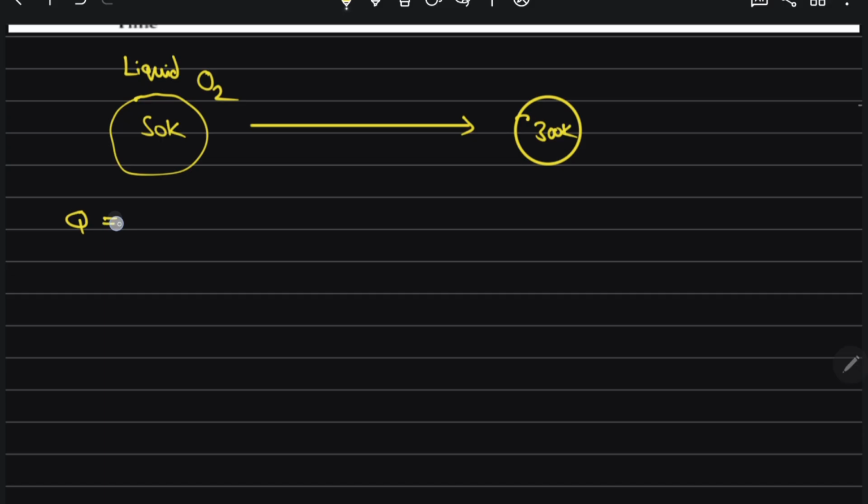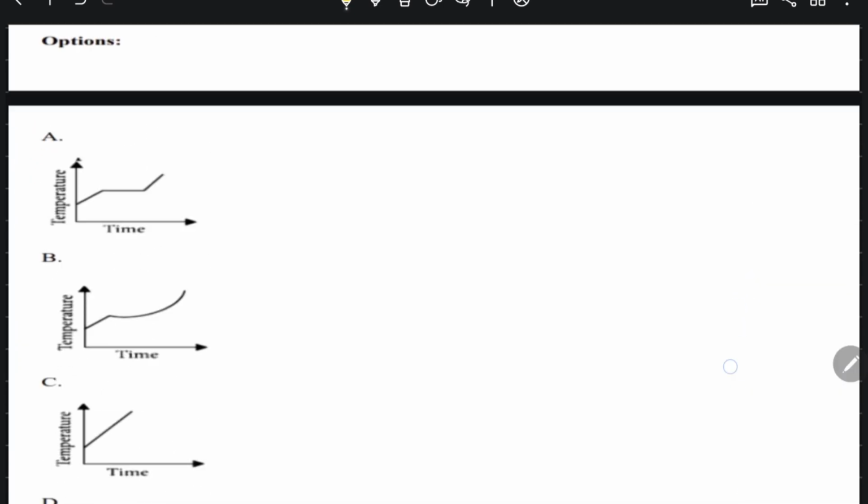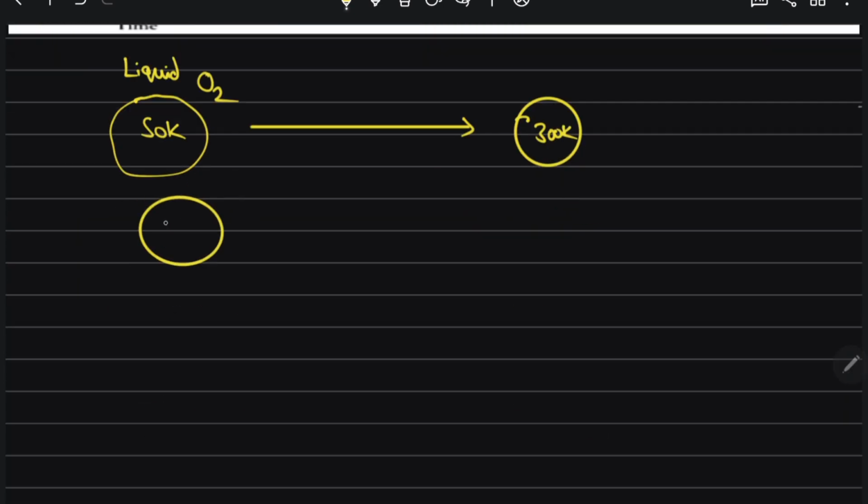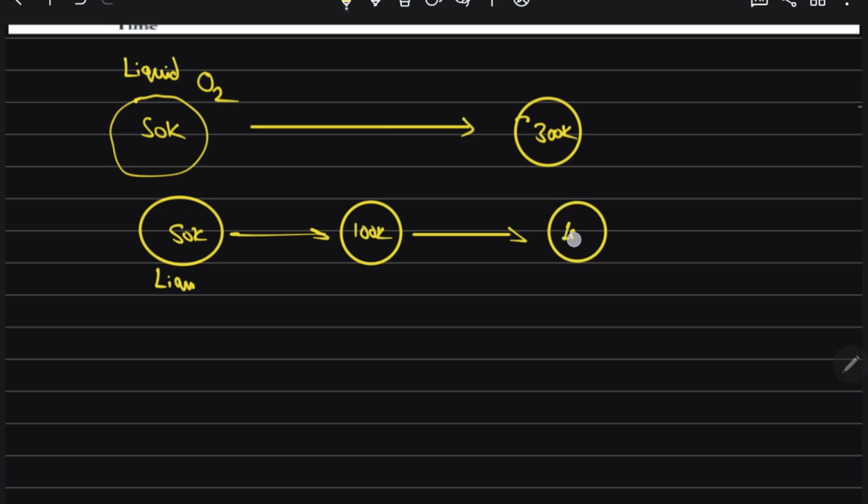First the temperature rises; the liquid goes from 50 Kelvin up to 100 Kelvin. Then its phase changes, and then again its temperature rises till 300 Kelvin.